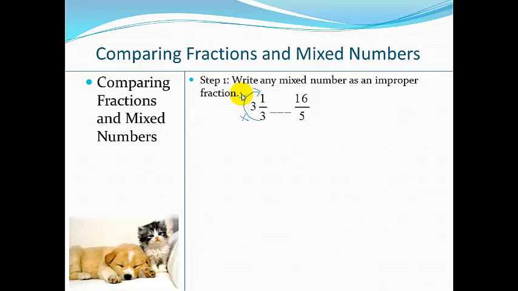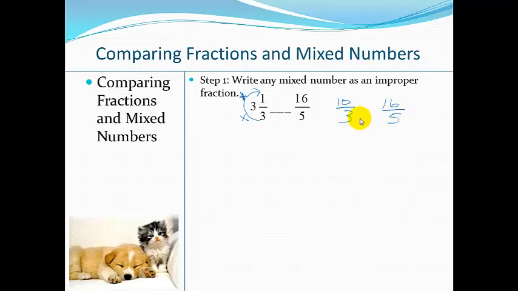I know you're like, oh, that doesn't look like a mad face. But tilt your head to the left and it should work. So here we go. 3 times 3 is 9. 9 plus 1 is 10. So that's going to be 10 thirds, and I'm comparing it with 16 fifths.